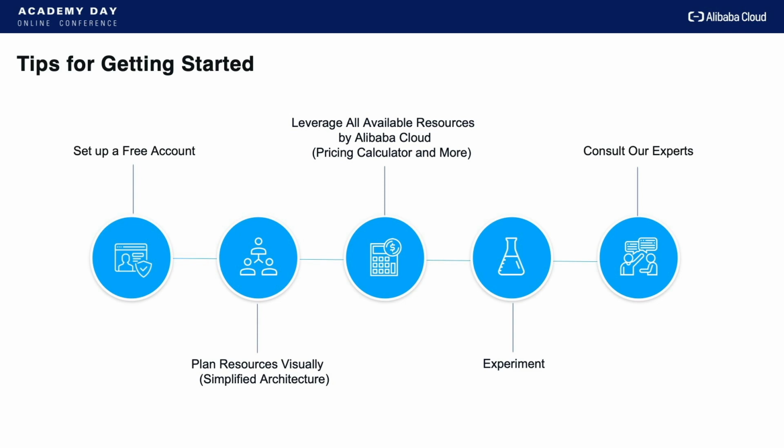Finally, when you're ready to commit and ready to move your entire infrastructure to Alibaba Cloud, I strongly suggest you consult an expert or contact us directly by using one of our relevant support channels.